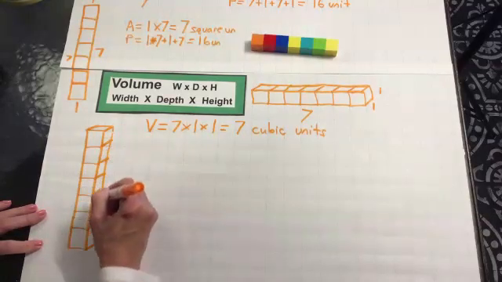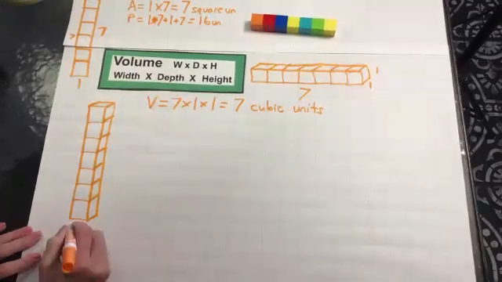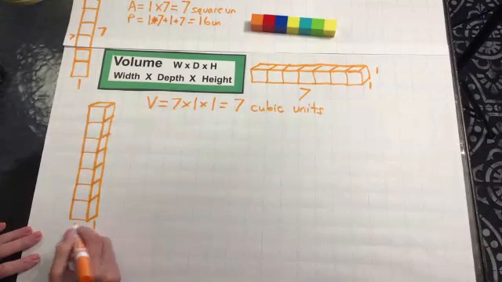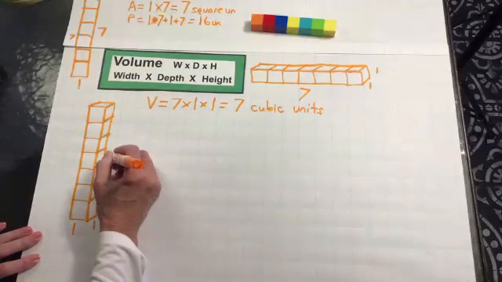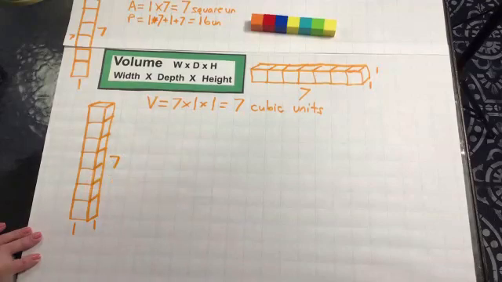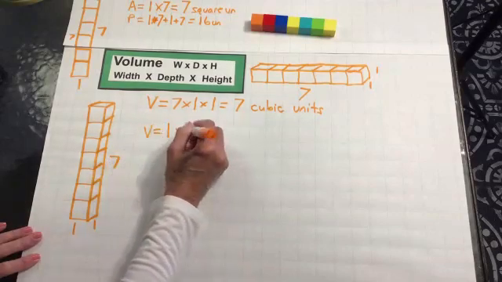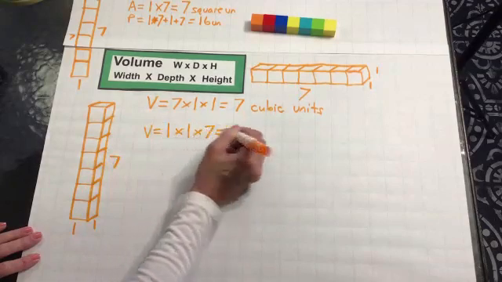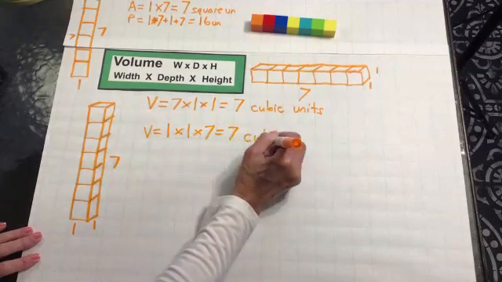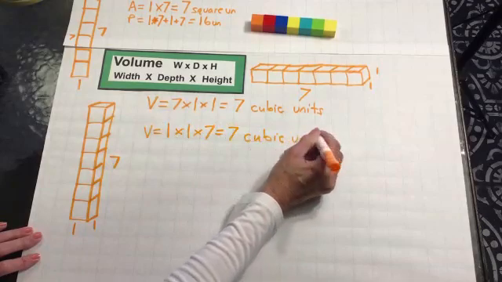And then we can come straight down. So we have a 1 wide by 1 deep by 7 high. So this volume would be this 1 times 7 equals 7 cubic units.